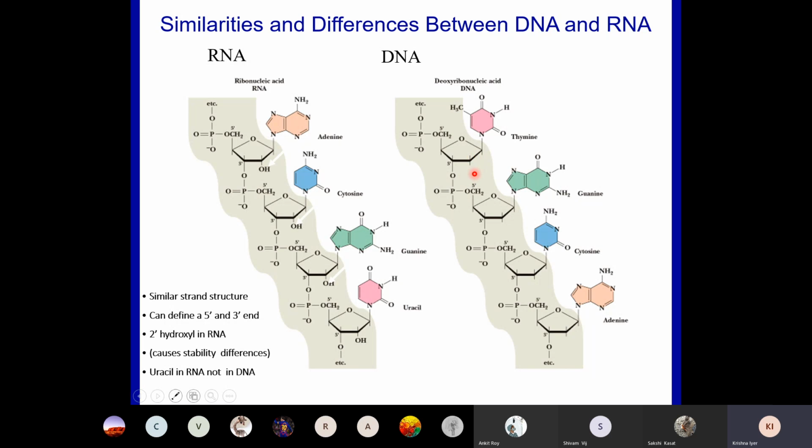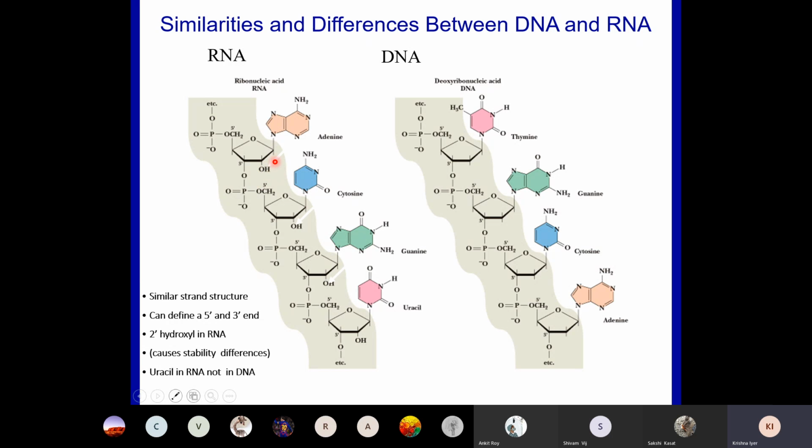It's a deoxy sugar, or more correctly, a deoxyribose sugar which is present in DNA, and therefore the full form of DNA is deoxyribonucleic acid.